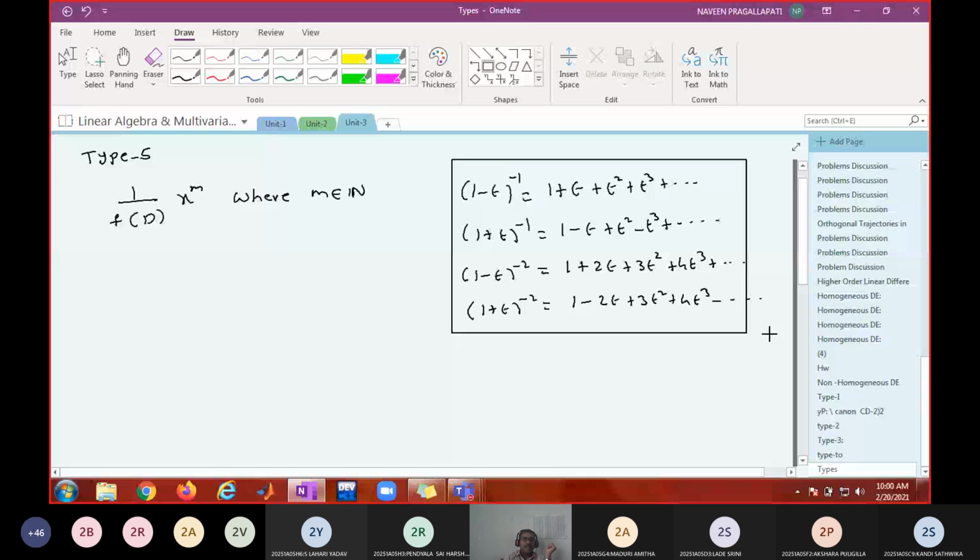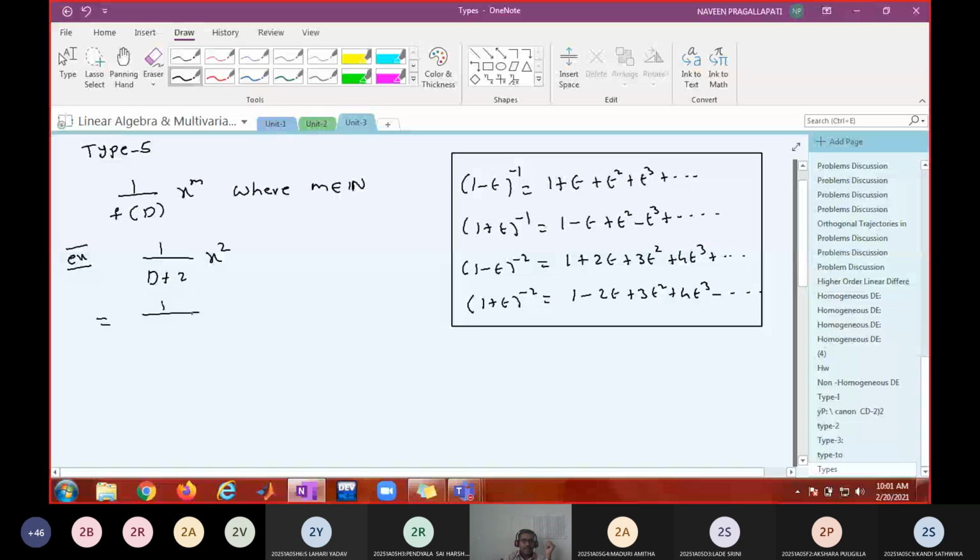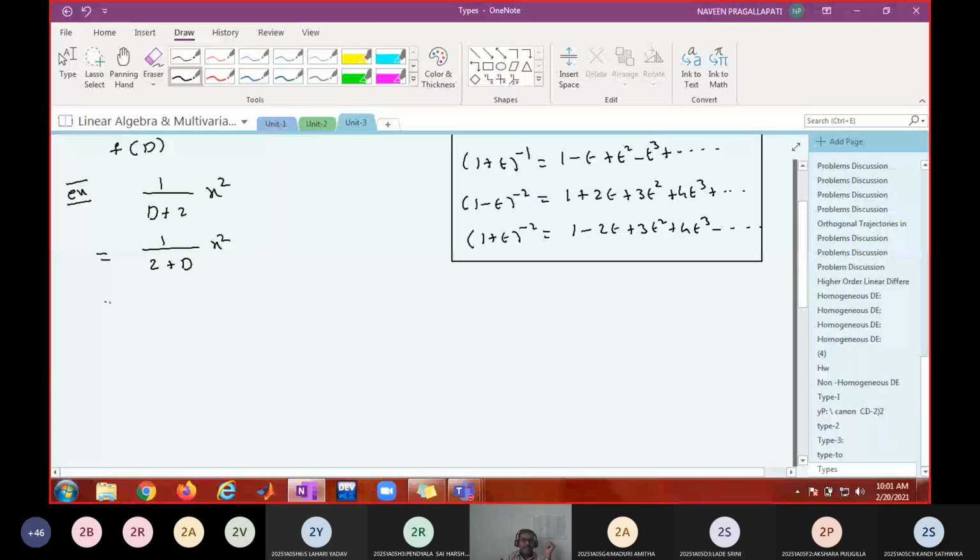So note down this, and for example, if I want to find out 1 by d plus 2 of x square, how do I do this problem? Okay. So first write this as 1 by 2 plus d of x square.